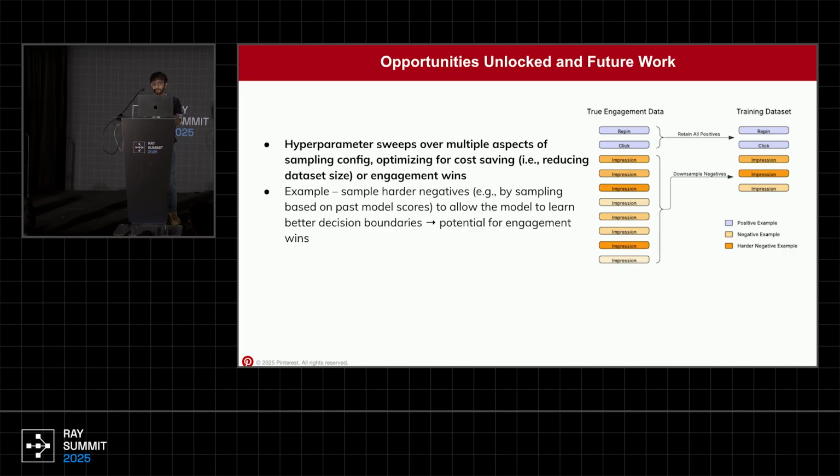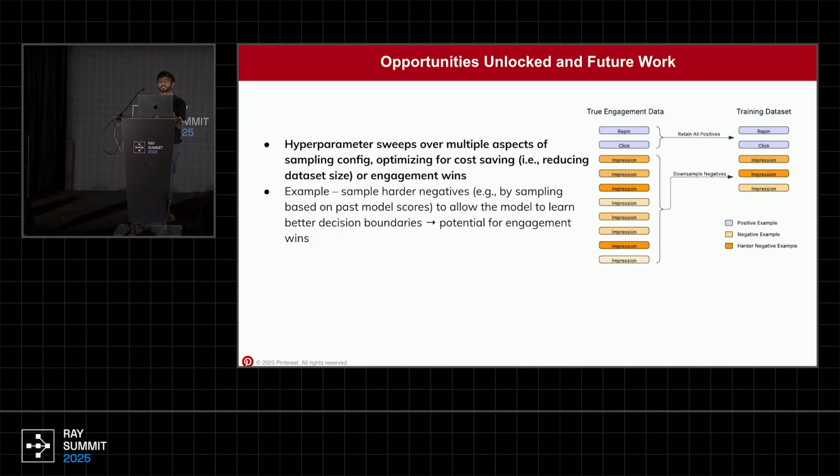These would just have been infeasible because of the amount of time it would have taken to generate these datasets, which is not the case anymore. For example, for cost saving, it could be things like reducing the impression ratio and trying to find ways where even though we reduce dataset size, we are able to get the same engagement.